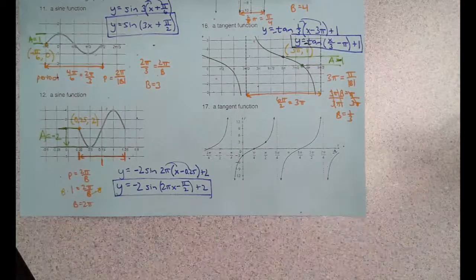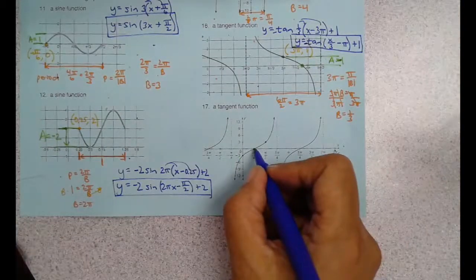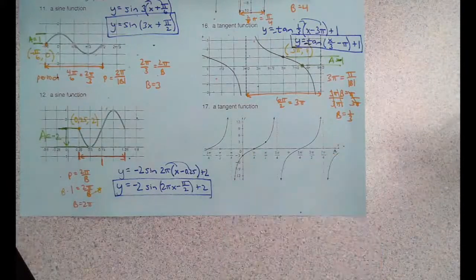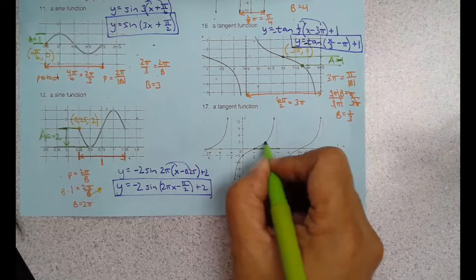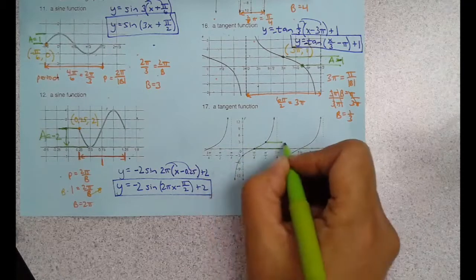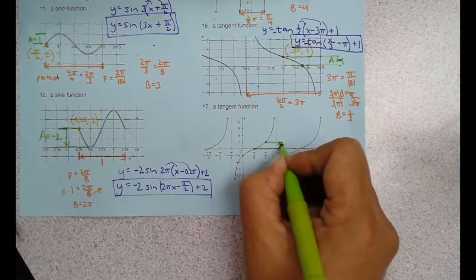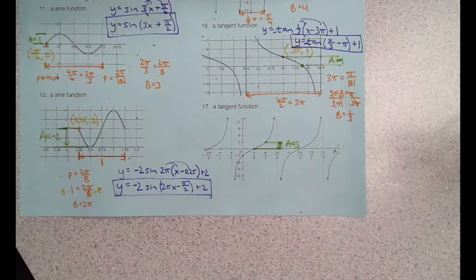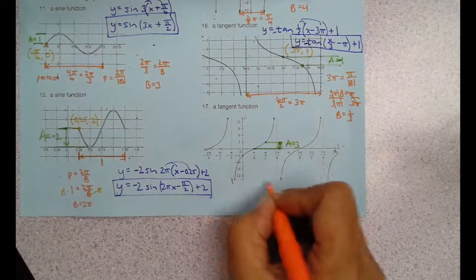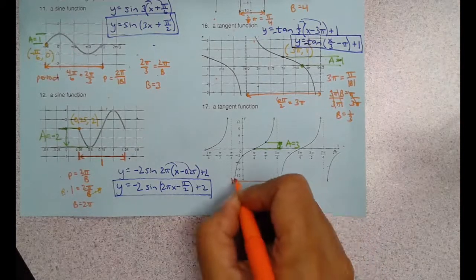All right, so let's go ahead and take a look at the a value. It's the distance from the middle point to this top. So how far apart is that? This is going by 3's. So up and down, a is 3, and it's going up, so positive 3. And then the period is the length between the asymptote to asymptote. So how far apart is this?